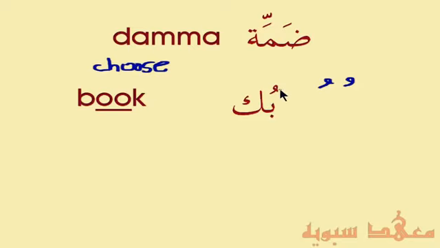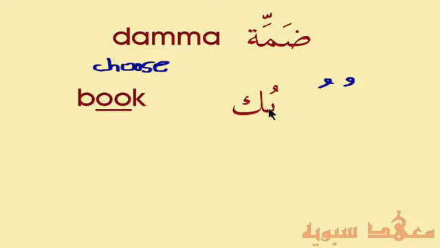Notice when I say dhamma, it's very important. Some people don't say it with a dad, they say it with a dal. Maybe non-Arabs will find this hard to pronounce, but inshallah as you progress in your Arabic studies, and when you learn the rules of pronunciation, you will improve on that, inshallah.